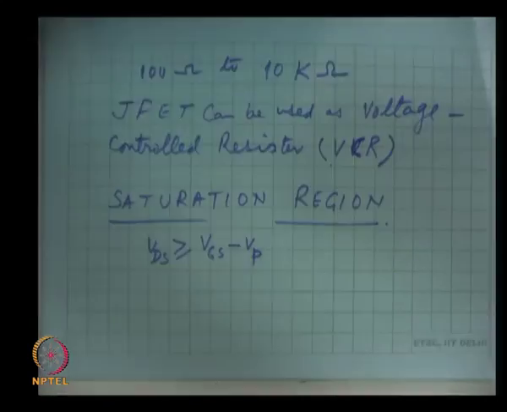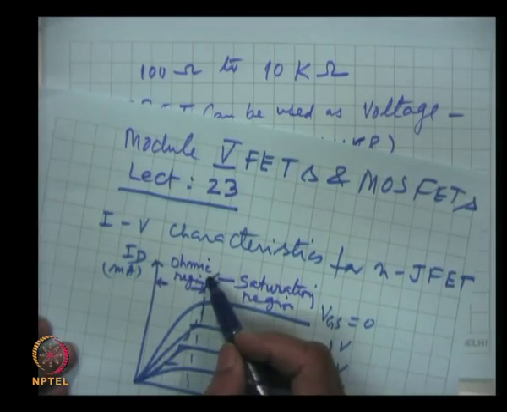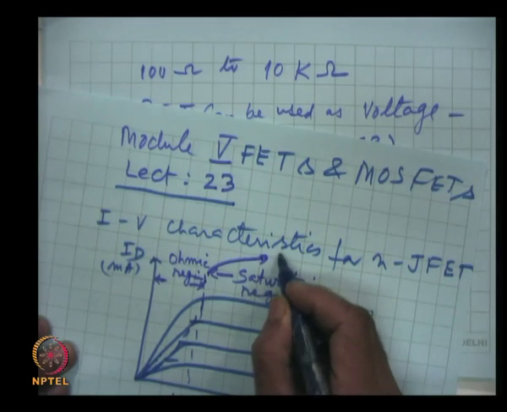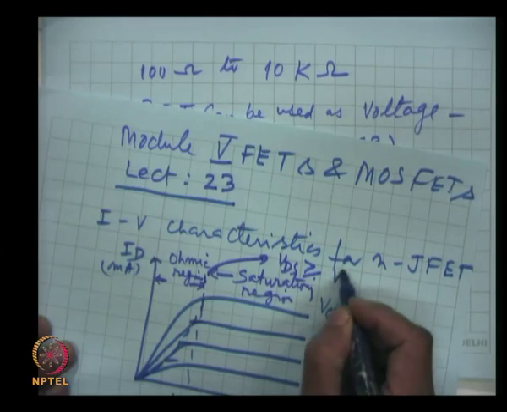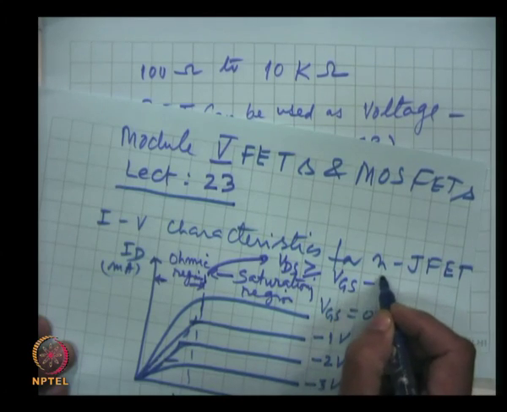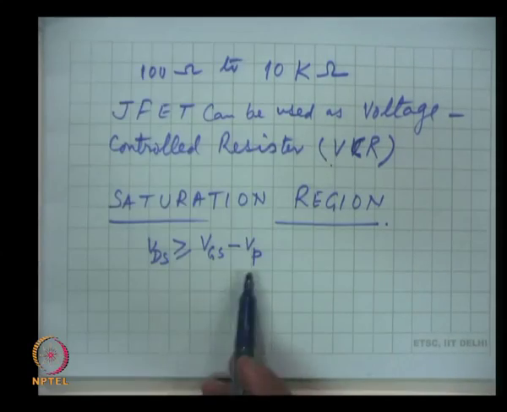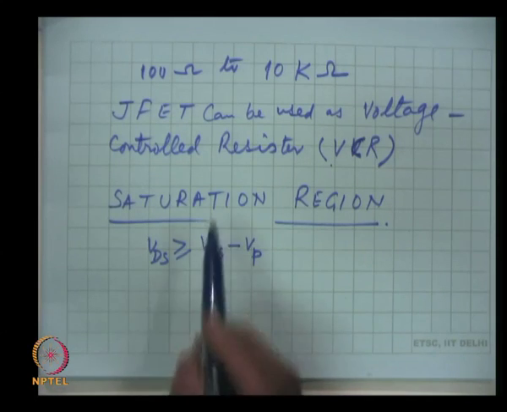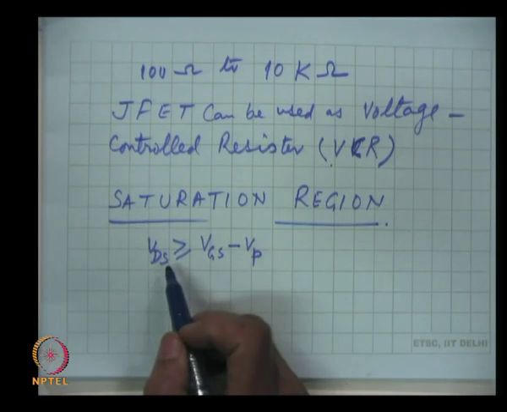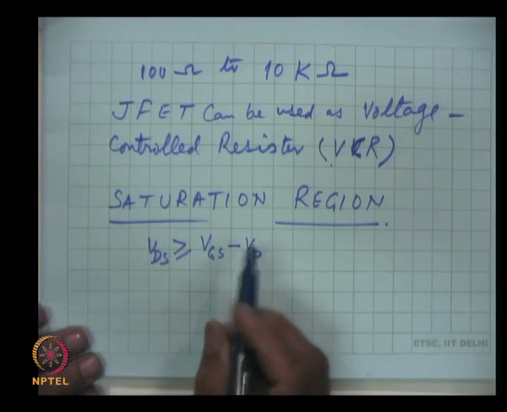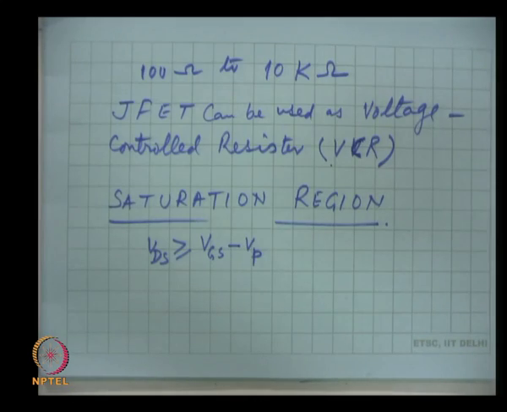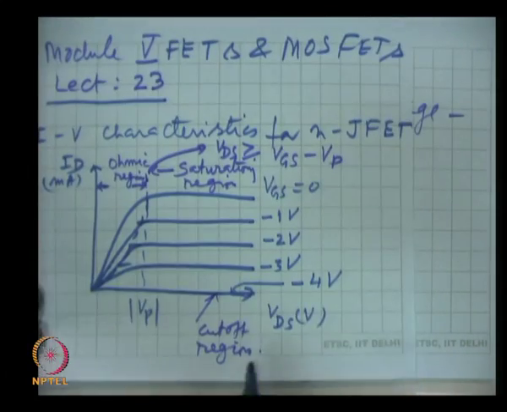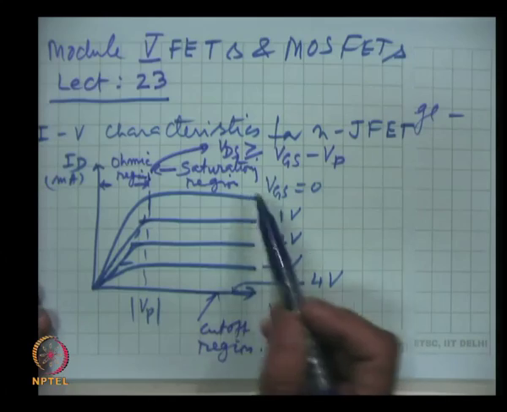So, at this line, VDS is greater than or equal to VGS minus VP. This is what I have written here: the saturation region starts when VDS is equal to or greater than this value. In this region, the drain current ID depends entirely on the gate source voltage.